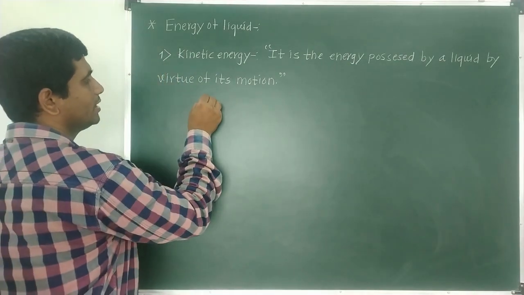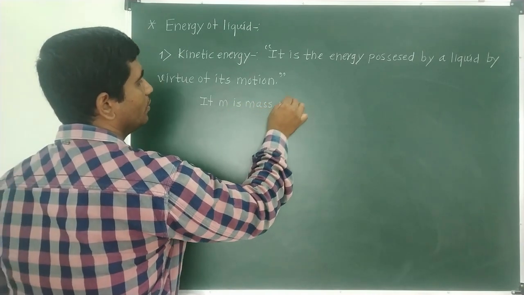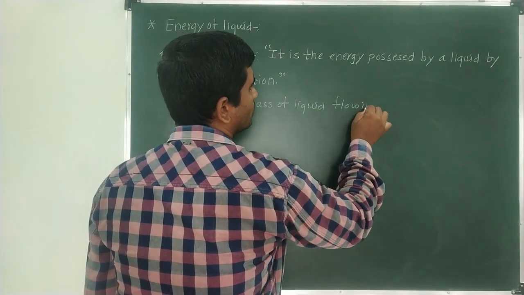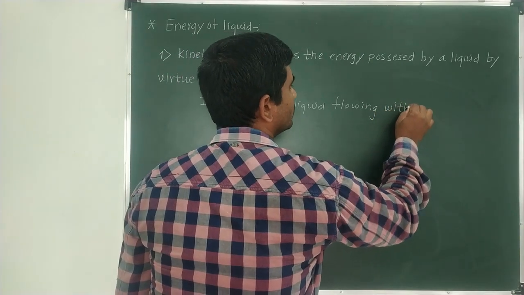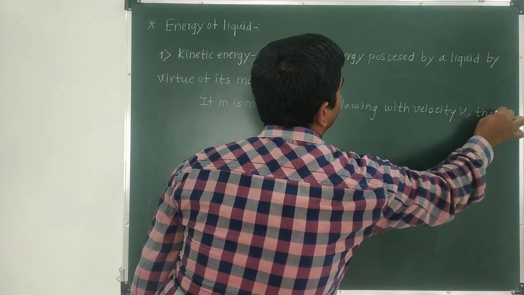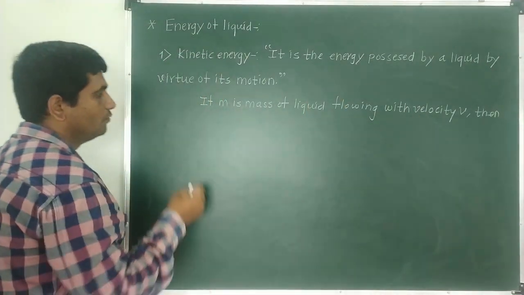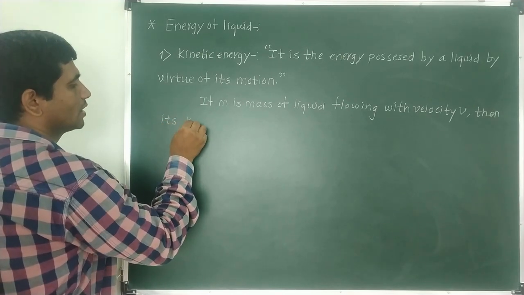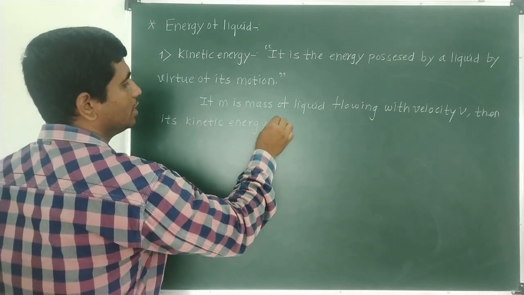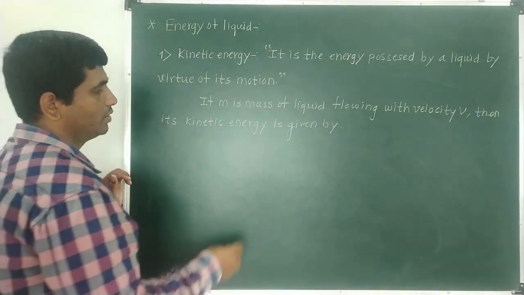Let us assume that m is the mass of the liquid which is flowing with a velocity v, then its kinetic energy is given by, all of us know the formula for kinetic energy.